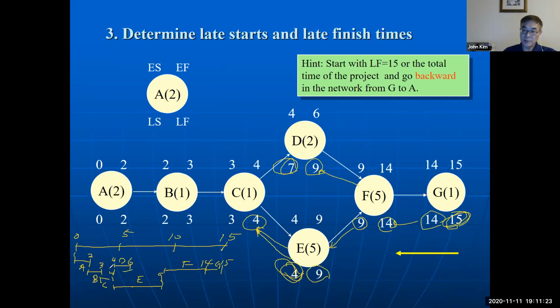But activity D starts at 4 and finishes at 6 because it uses 2 weeks. If it starts at 5, it finishes at 7; start 6, finish 8; start 7, finish 9; start 8, finish 10 like this.